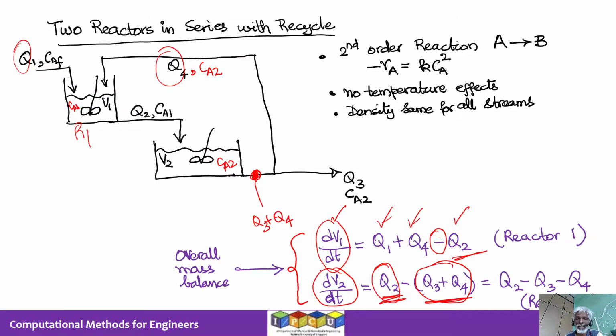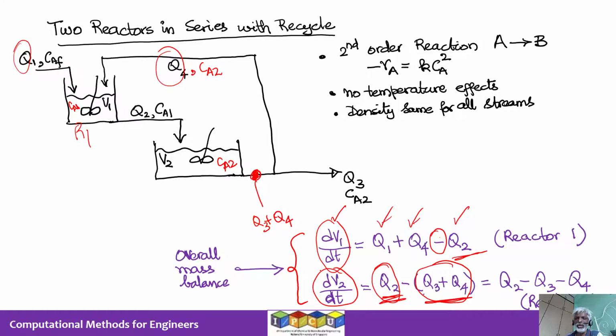So dV2 by dt is going to be equal to Q2 minus brackets open Q3 plus Q4 brackets close, or Q2 minus Q3 minus Q4. So this completes the overall mass balance for reactors 1 and 2. And we are able to write it in terms of these volumes and volumetric flow rates simply because we assume the density to be the same for all streams. That makes things a bit easier.